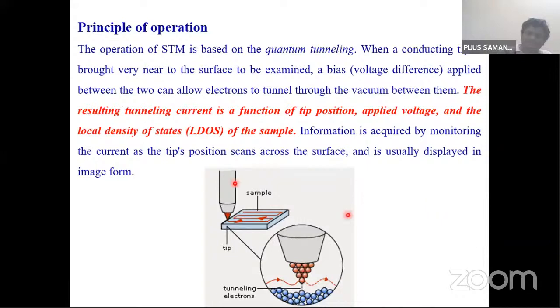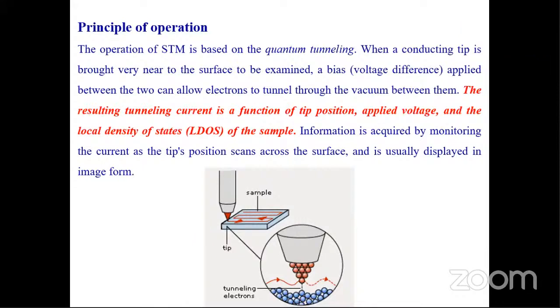Then the tunneling current tends to flow from the sample to the tip. This tunneling current is recorded to study the surface image, and it is basically due to the change of states and voltage.